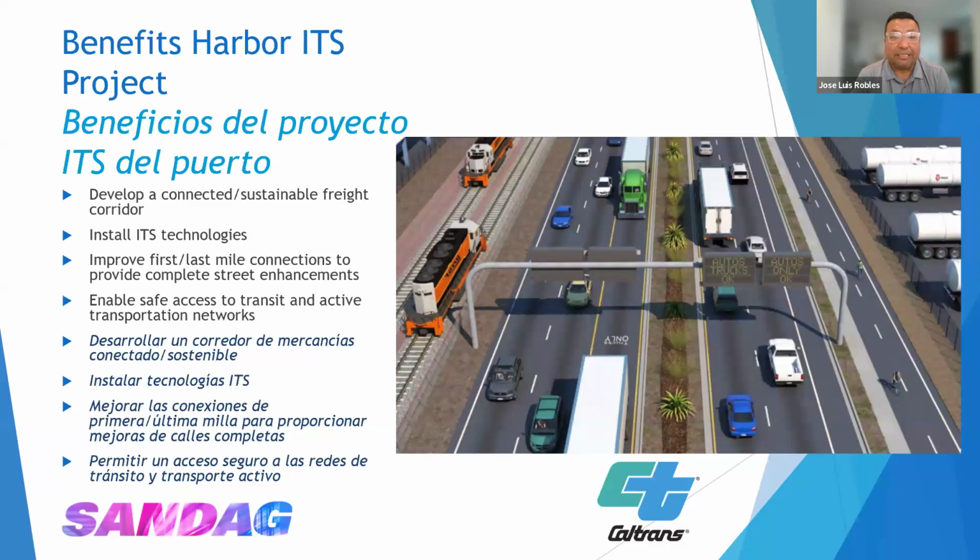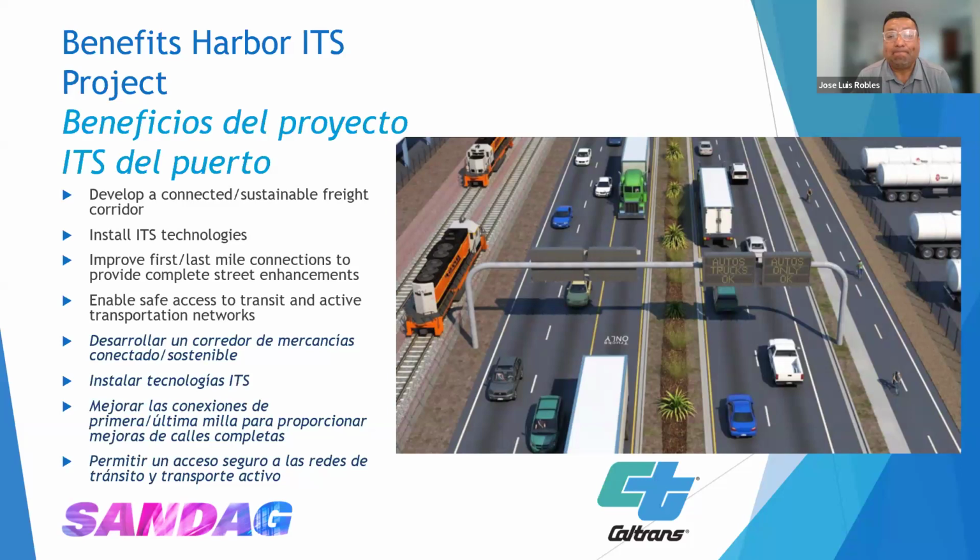We're going to be installing ITS technology to help us manage the flow of traffic, allowing us to manage multimodal modes of transportation along Harbor Drive, improve first and last mile connections, and provide complete street enhancements. We're enhancing about 25 to 30 intersections for complete streets. And we're going to be enabling safe access to transit and active transportation by improving some pedestrian facilities.